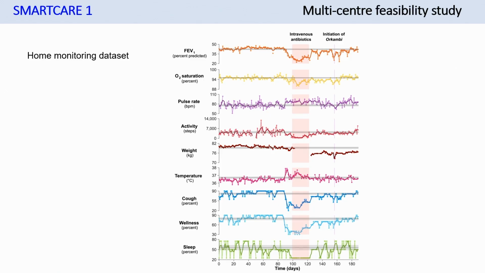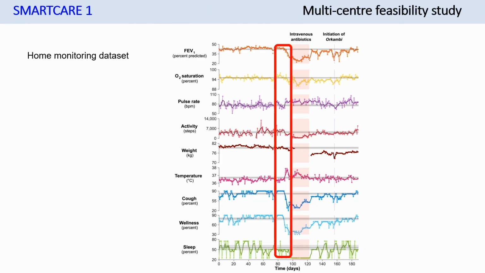So from the top, we've got lung function, moving down oxygen saturation, temperature, cough, hours, and the pale, peachy pink bars, that's where patients have had antibiotics. And then further on, you can see where this patient had an exacerbation. So there's a lot going on there. I'd much rather, as a clinician, look at this than a snapshot of data.